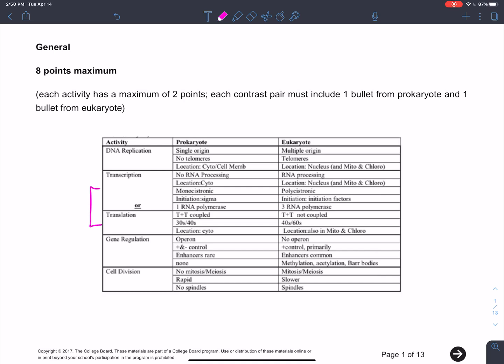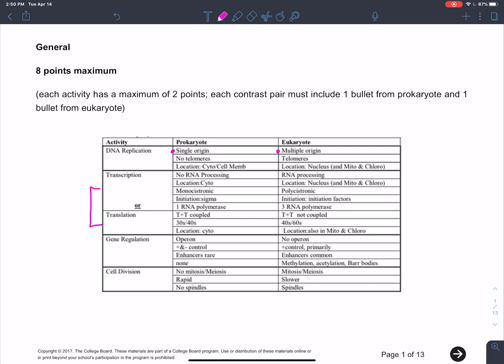So, for example, if you're talking about DNA replication, telling me prokaryotes have a single origin, while eukaryotes have a multiple origin replication style, that gives you 1 point. Now you need to hit at least 1 in each category, and then each box is worth a maximum of 2.